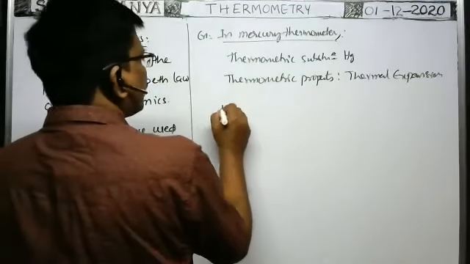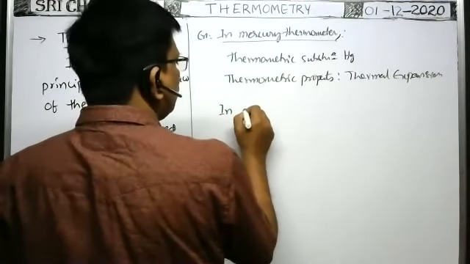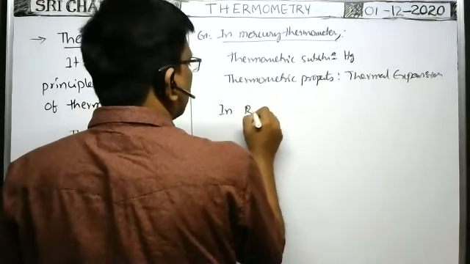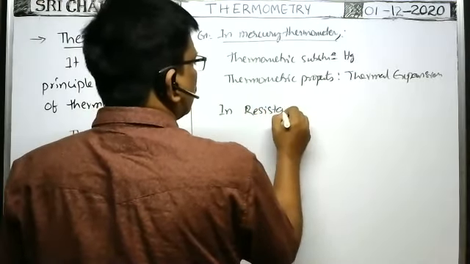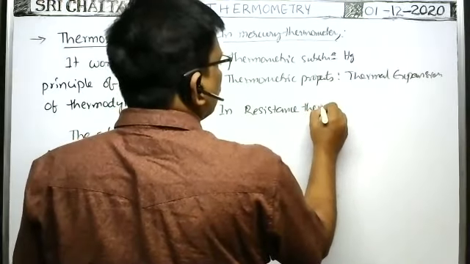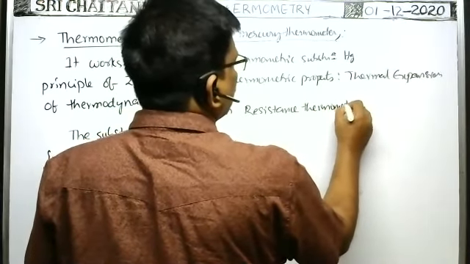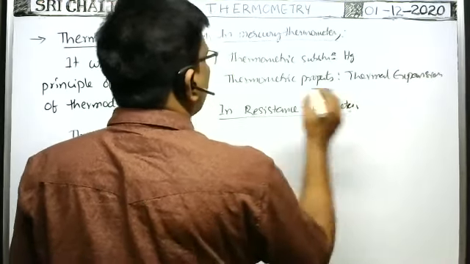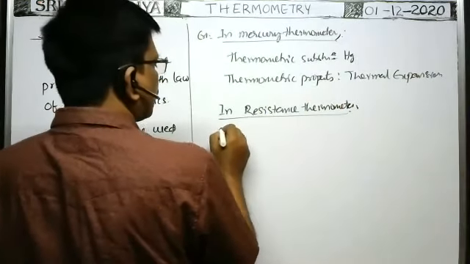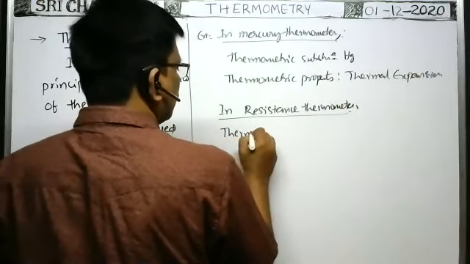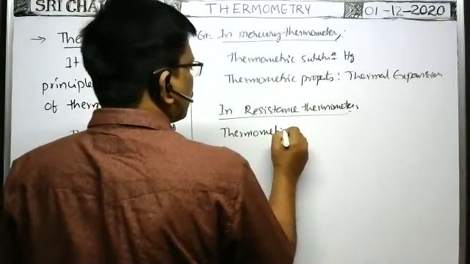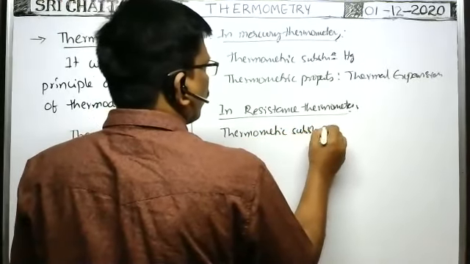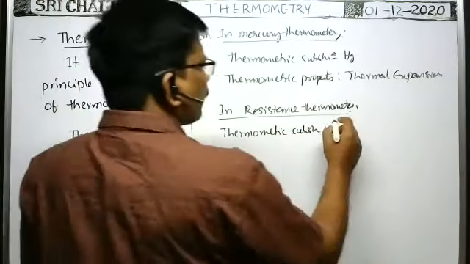Next, the resistance thermometer. In a resistance thermometer, the thermometric substance is, of course, platinum.